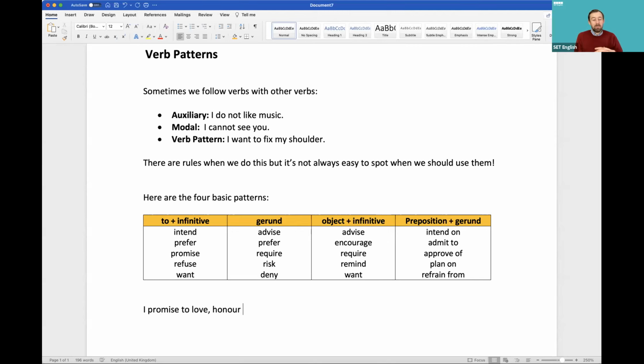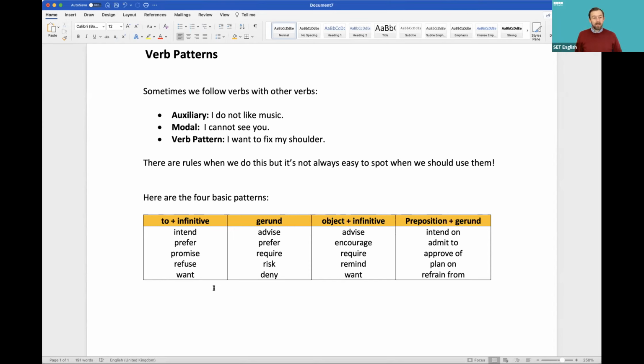I would never ask my partner to say this, but this is what it says in English Christian weddings: I promise to love, honor, and obey. This is a common phrase in English, and look, it's this verb pattern. I promise to love, honor, and obey.